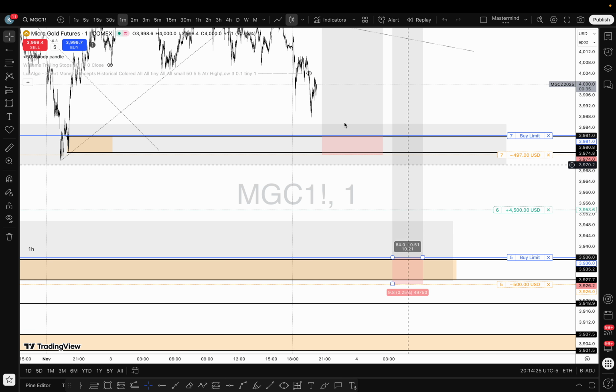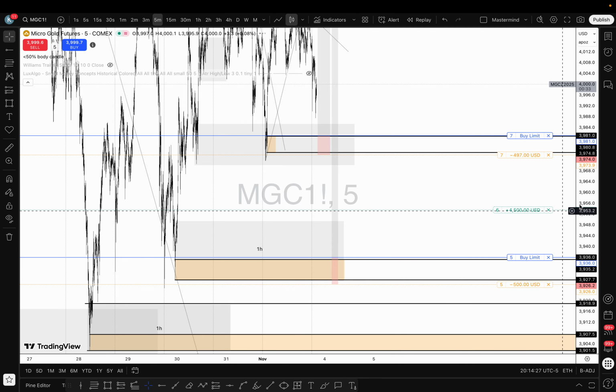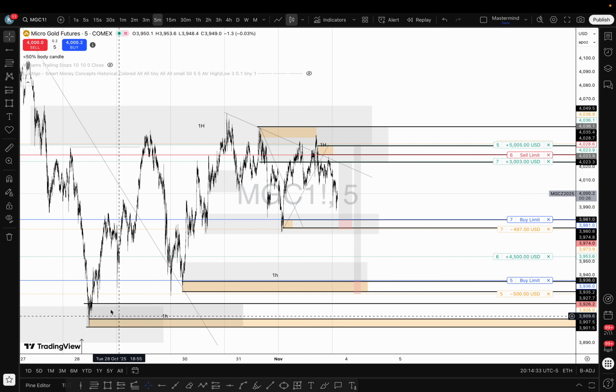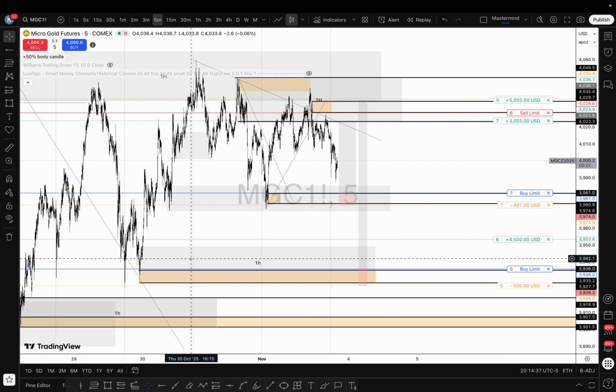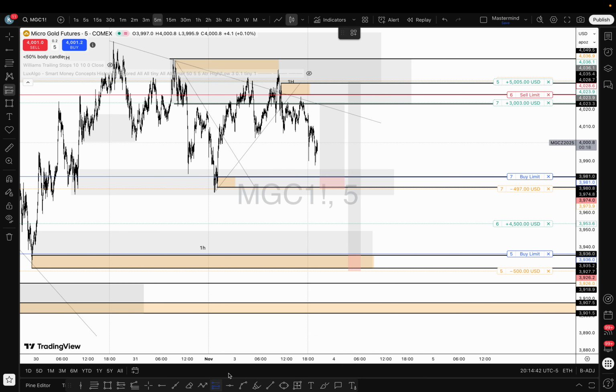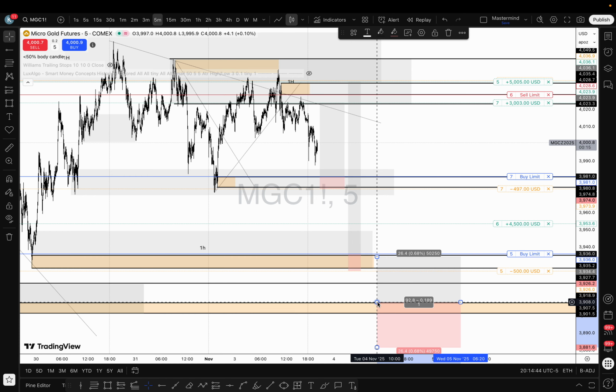Okay, so on the 1 minute, let's go to the 5. So we set our buy limits on the 1 minute zone nested in this confirmation demand area, and that should be our entry, stop loss.